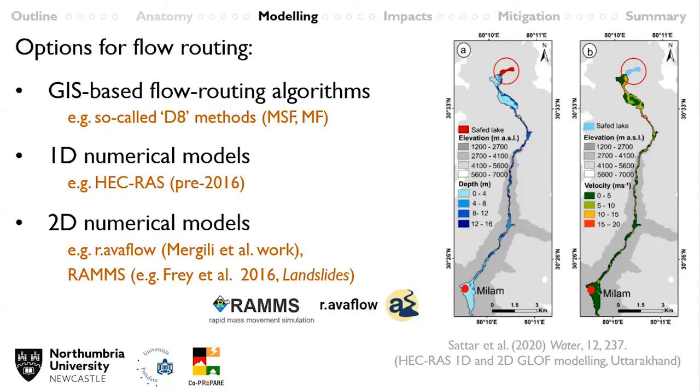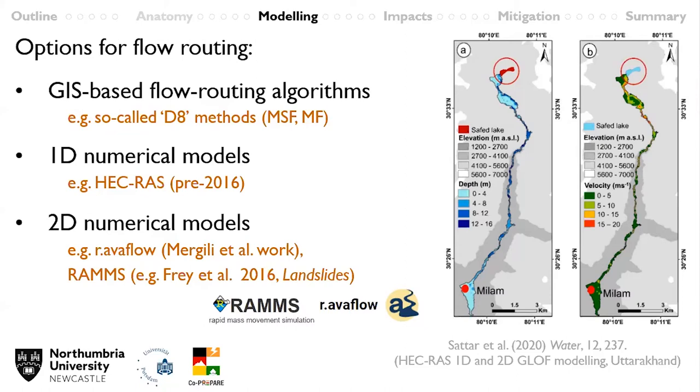The more advanced models available to us are one-dimensional numerical models, and a good example is the well-known HEC-RAS simulation tool, which, I'm aware, although I've not played around with it, can now simulate 2D flow. Prior to 2016, it was largely a one-dimensional numerical solver, which means that it couldn't really account for lateral variations in flow, but it could account for variations in flow depth along the flow path.